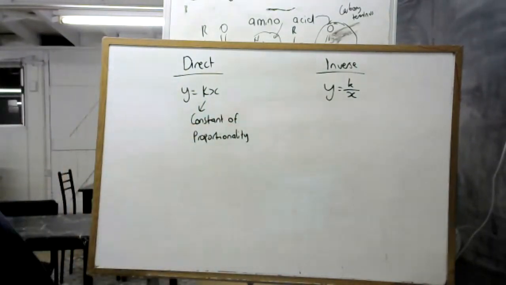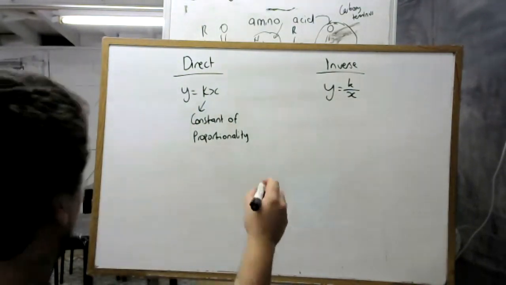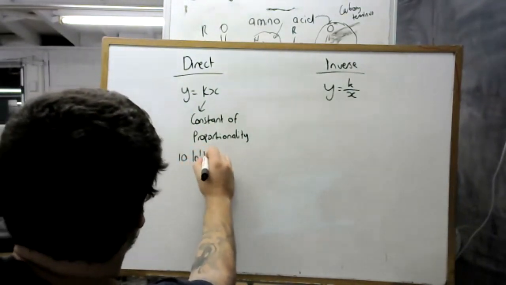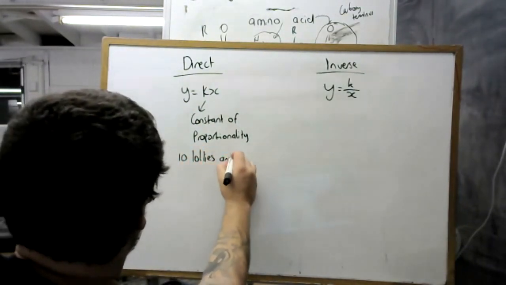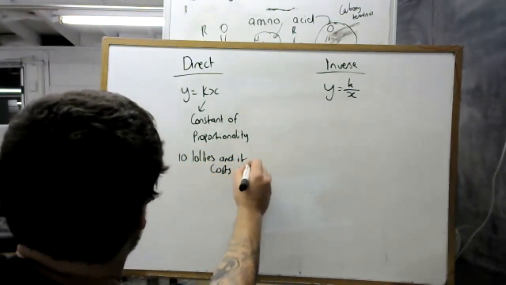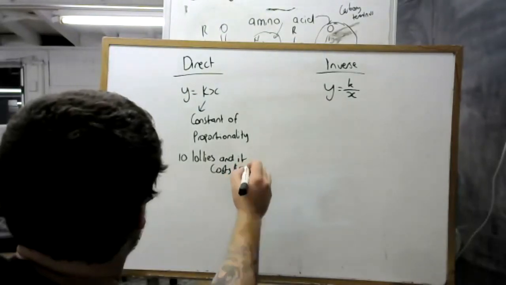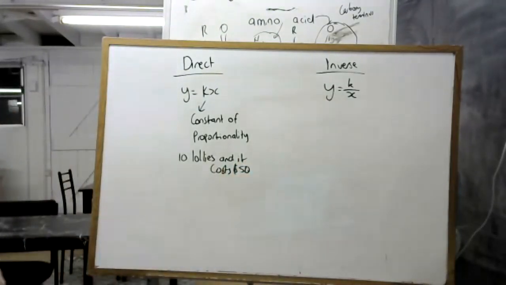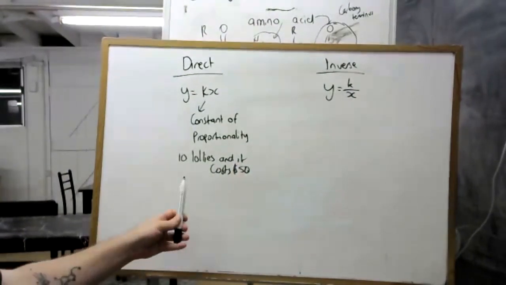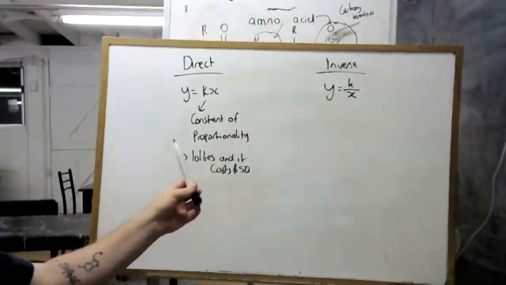Or if we were thinking in terms of sequences, let's say we bought 10 lollies and it costs $50. You'd get y equals kx, and then y equals 50, so 50 equals 10k. Then k equals 50 divided by 10, which equals 5.